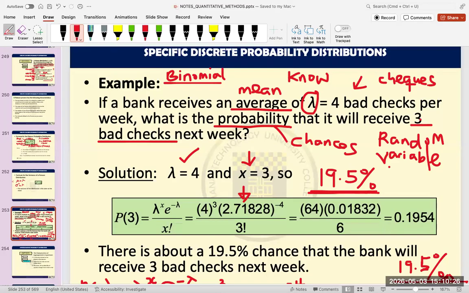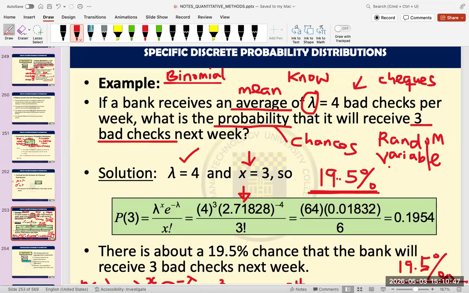So if we don't receive 3 bad checks, we will not be surprised because the chances of receiving 3 bad checks next week is 19.5%, which is a lower percentage in terms of measuring our chances.